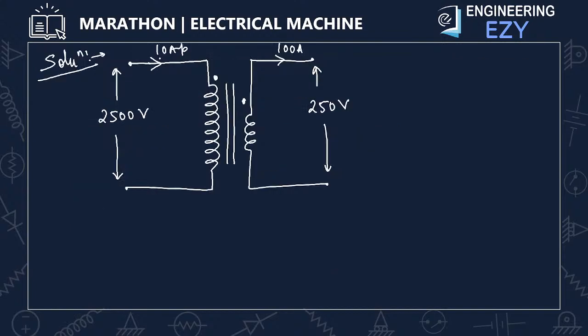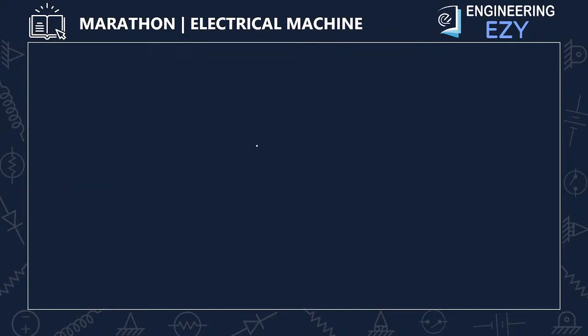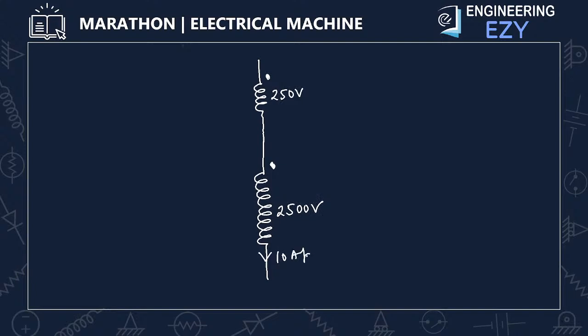As an auto transformer, the windings must be connected in series, and the dot polarity must help each other because both voltages are additive. So it is 250 and 2500. This winding current is 10 ampere and this winding current is 100 ampere.